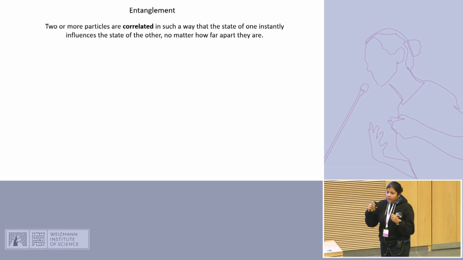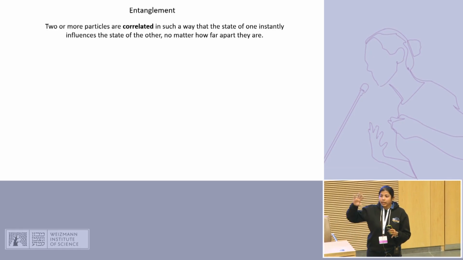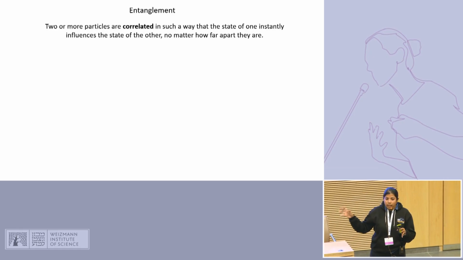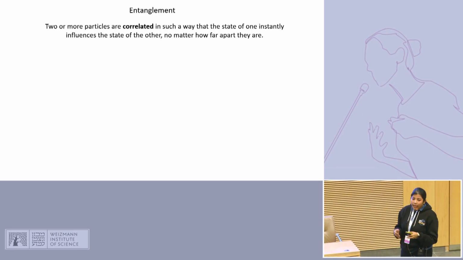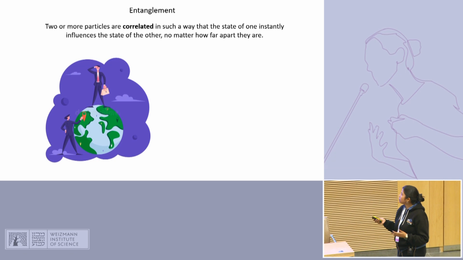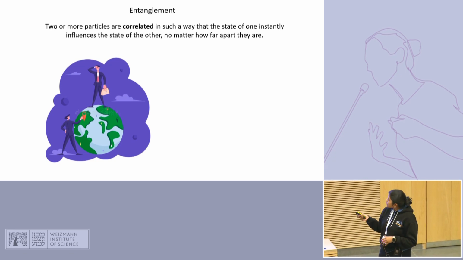But they are correlated in such a way that if I perform a measurement on one of them and I know the state of this particle, I can instantly say what the state of the other particle is without even performing any measurement on it. This means that these particles are entangled, and this helps us in computation in various ways, which I'm going to explain later.